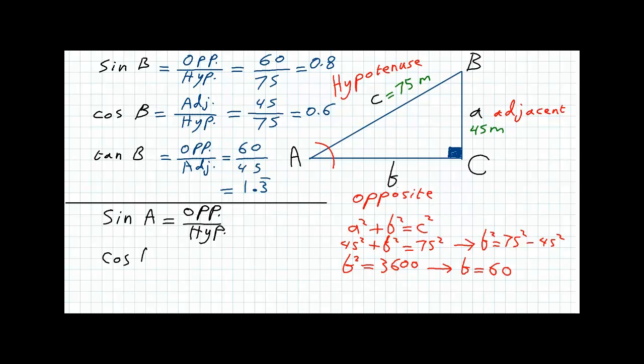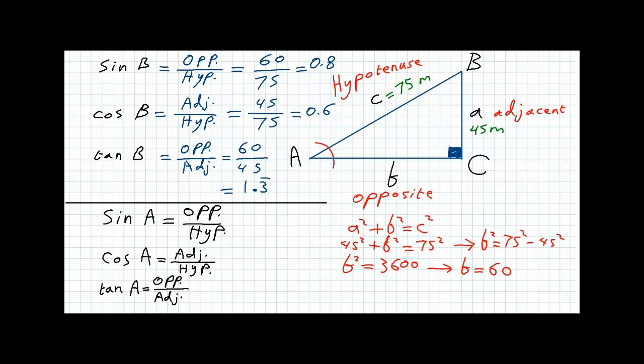Cosine of angle A is equal to the adjacent to angle A over the hypotenuse, and the tangent of angle A is equal to the opposite to angle A over the adjacent to angle A.